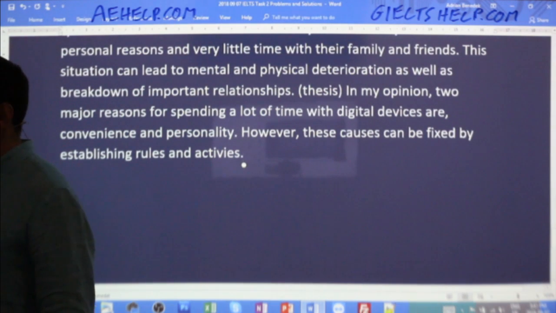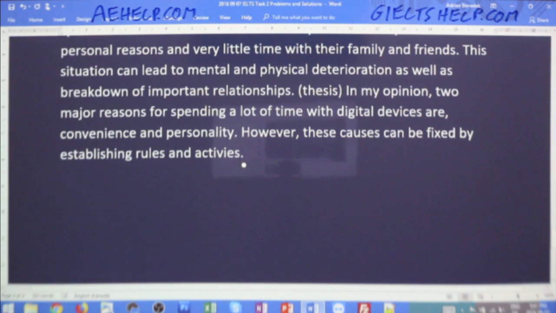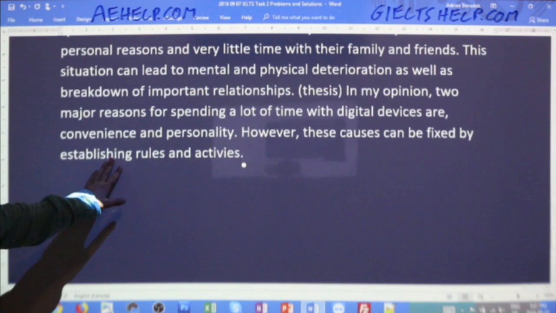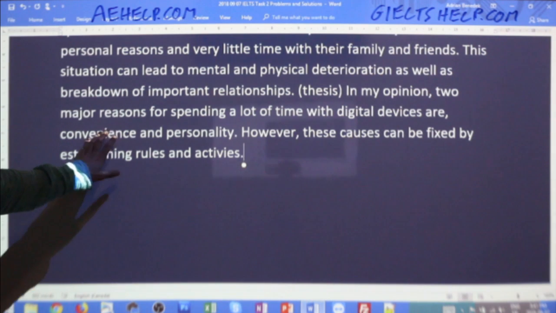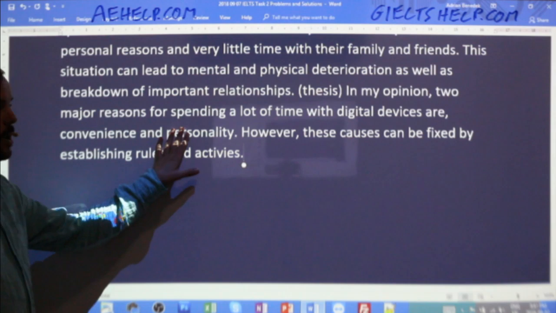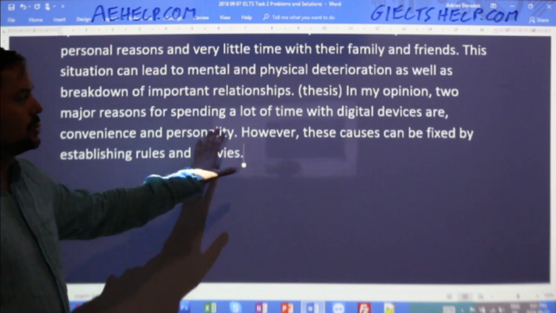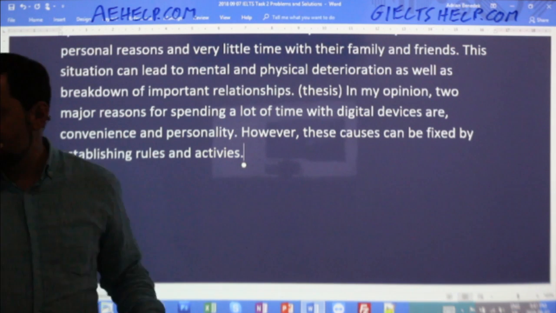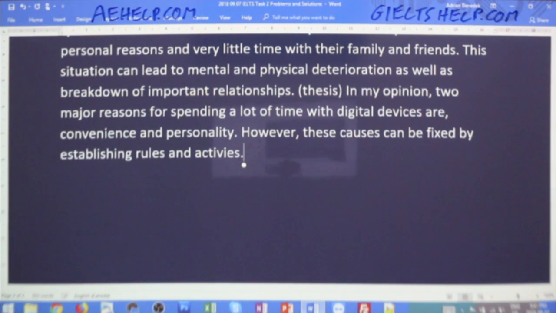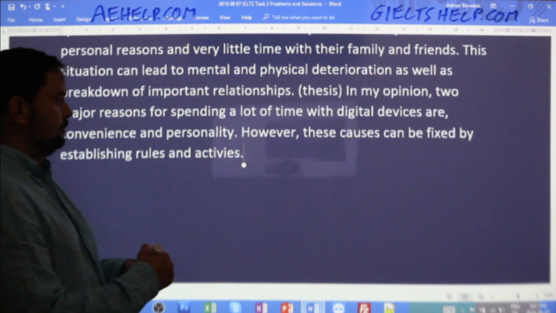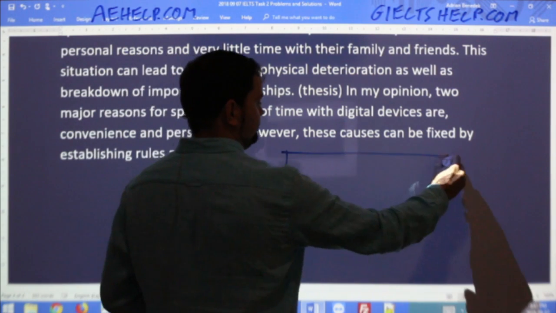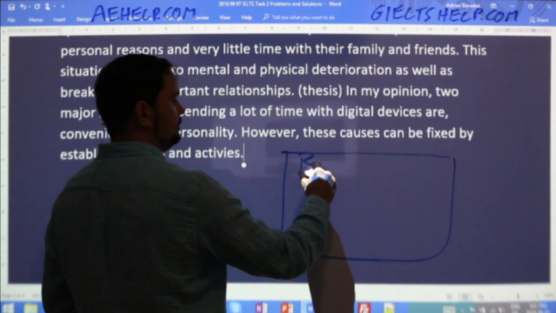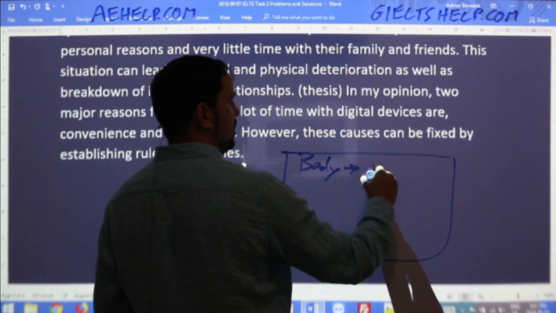Okay, so now clearly what I'm going to write about is the problems in body paragraph 1 and the solutions in body paragraph 2. So in this essay, the way that I organized it is body 1, we'll talk about the causes.